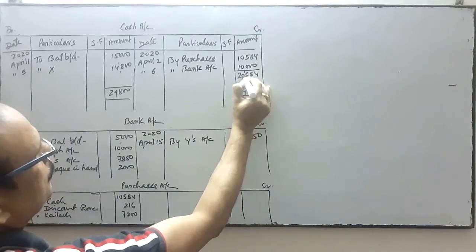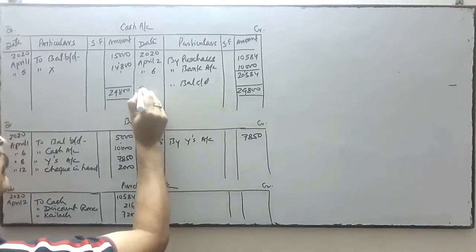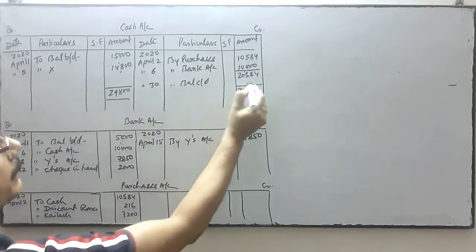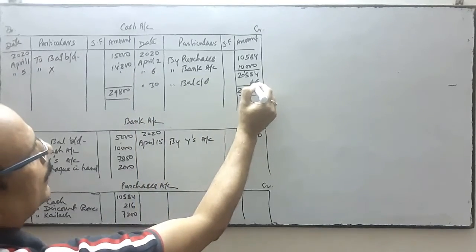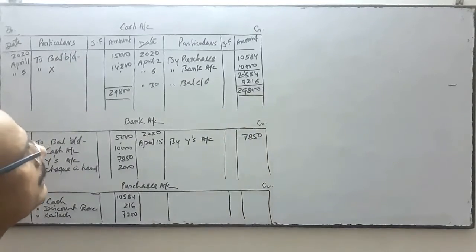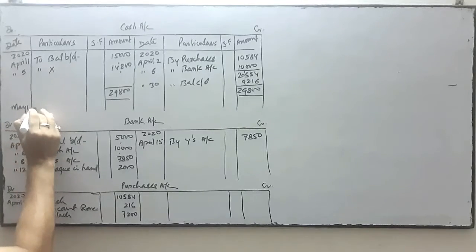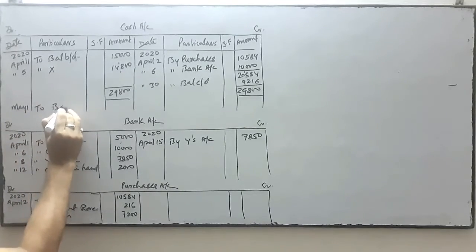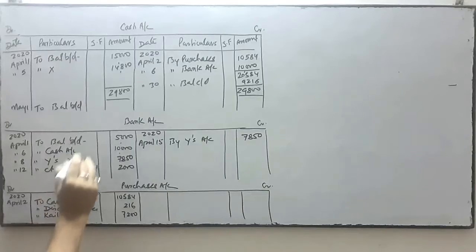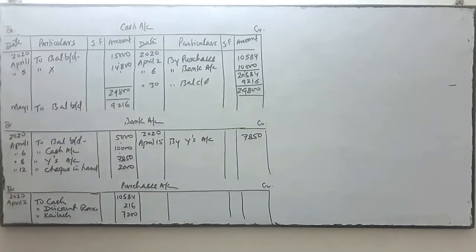The difference will be the balance carried down at the end of the month, April 30, 20,584, and this will be brought down on May 1st. This balance brought down is 9,216.